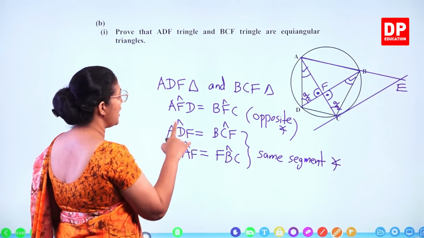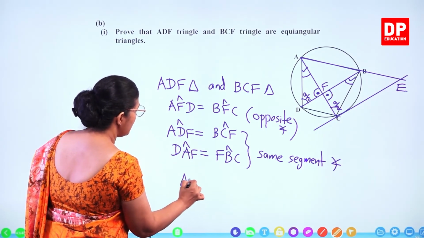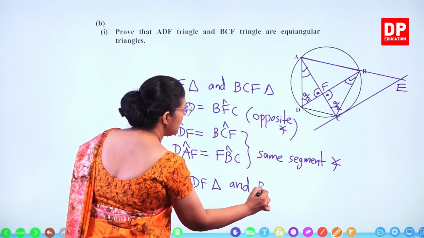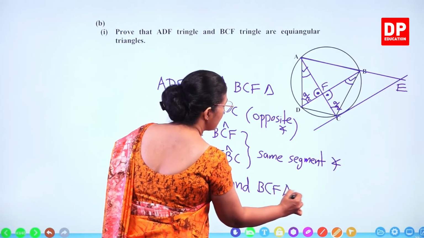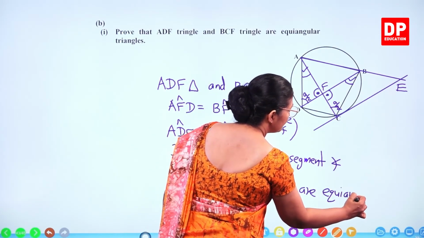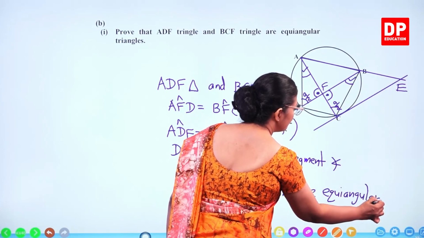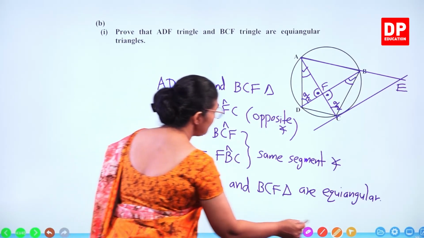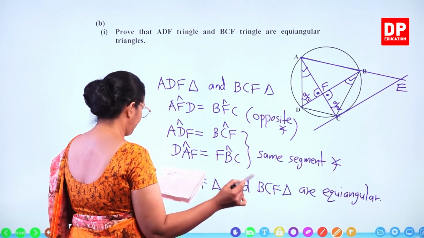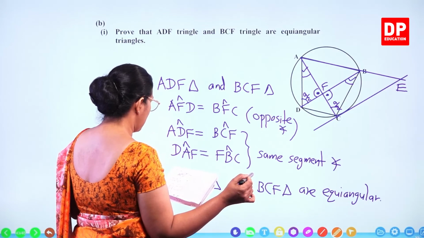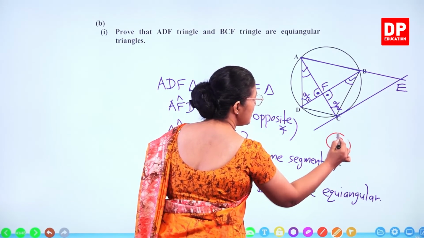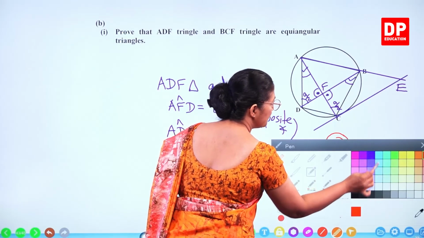So from that we can say ADF triangle and BCF triangles are equiangular. So how many marks for that part? You are getting 3 marks for showing these two are equiangular.